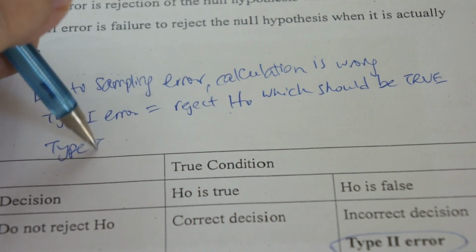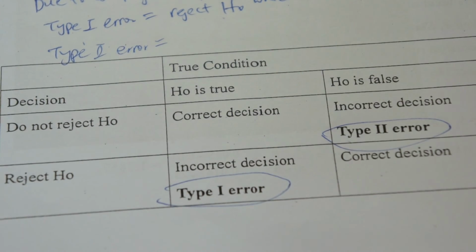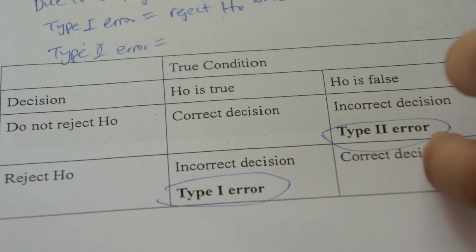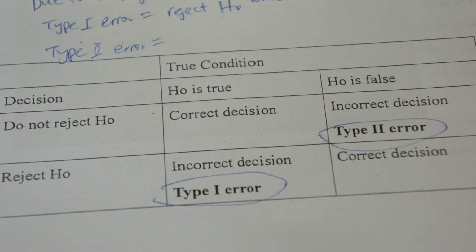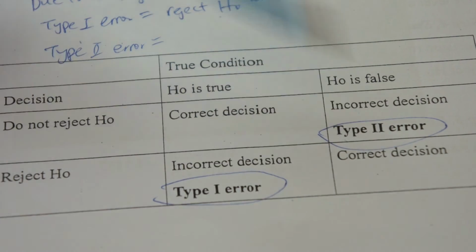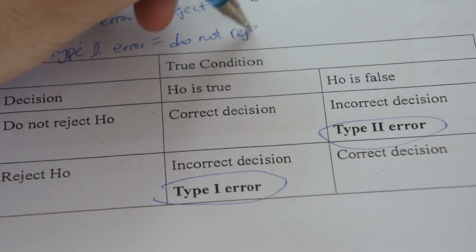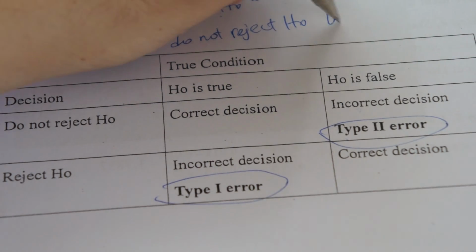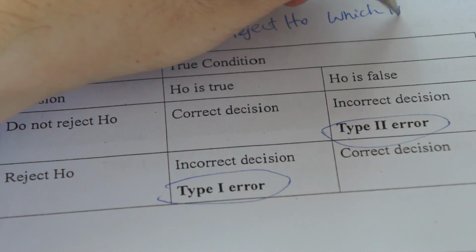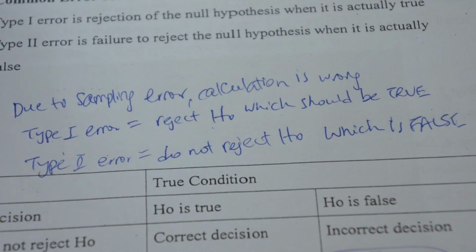Versus the other case, type 2 error, is that if the null hypothesis should be false, we should reject it, right? But due to sampling error, we do not reject it, so we make the type 2 error. So type 2 error means that we do not reject the null hypothesis which is false. Just memorize the definitions, and this is the end of chapter 9.